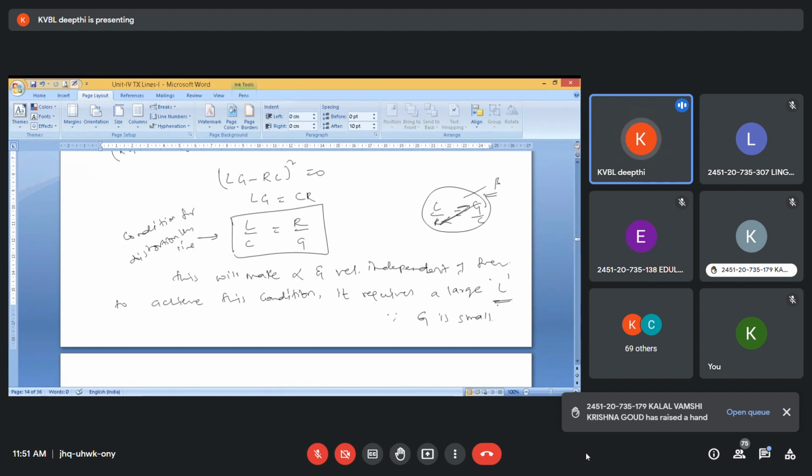Since G value is small, this requires a very, very large value of L.